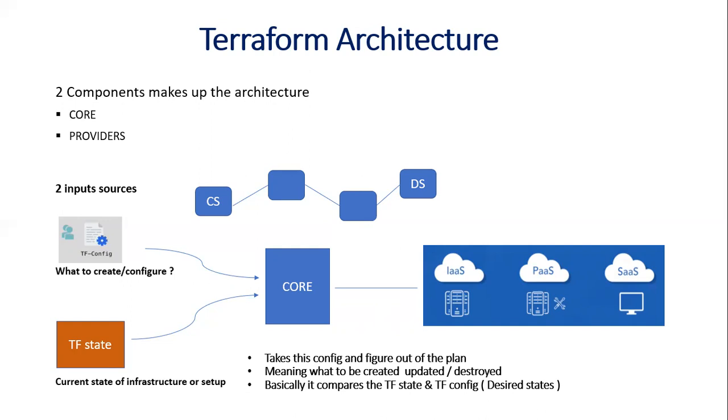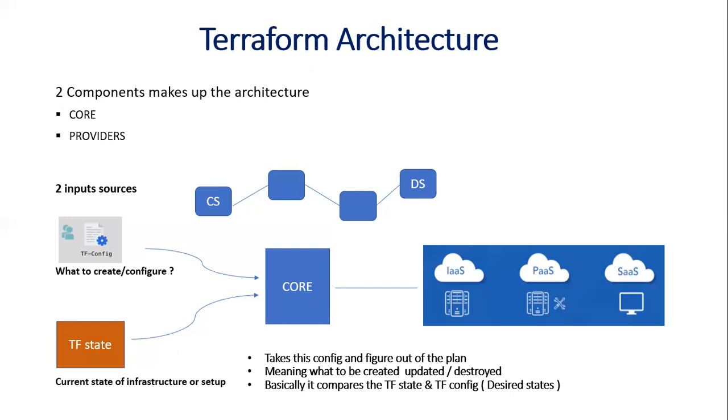So it checks your current state and your TF configuration, and it understands that your number is 4, I need to make sure the desired state is 4, and I need to create 2 more instances in your environment. So that's the architecture and functionality when you create your Terraform code. The core is one component which takes care of your TF config and the TF state and does the planning. This planning checks your current state and desired state and executes your plan command.